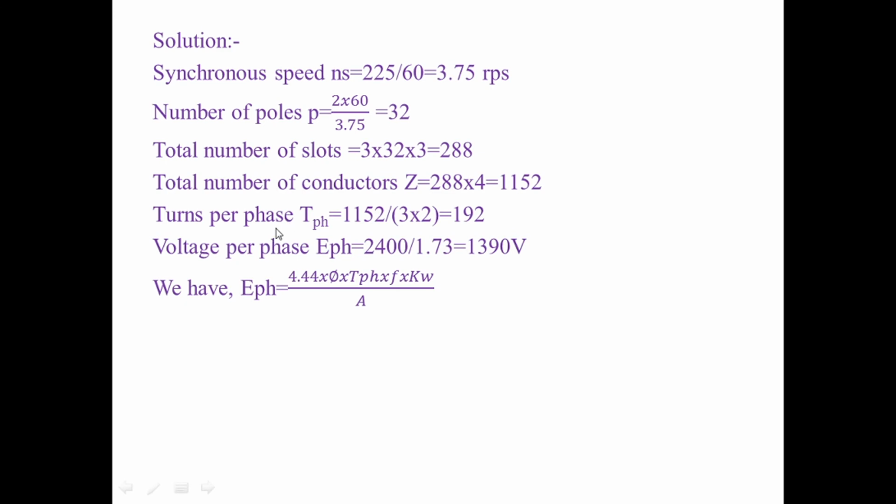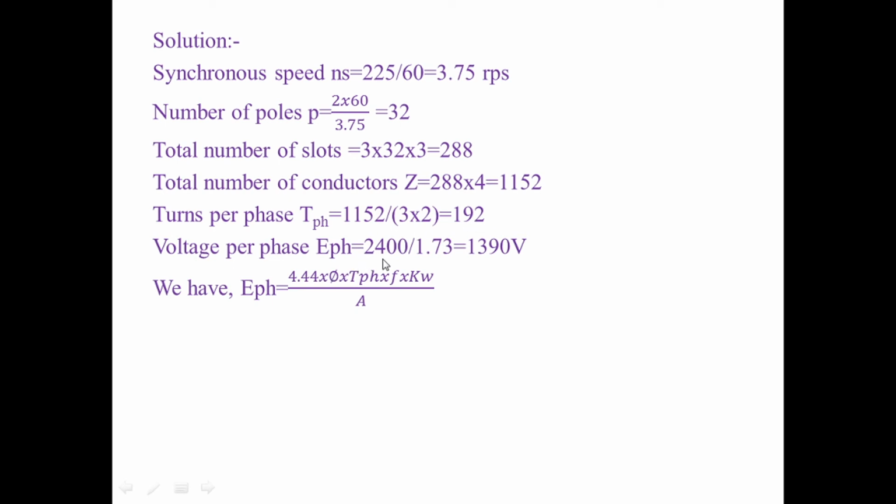Next calculate the turns per phase, T phase, which is equal to 1152 divided by 3 into 2, that is 6. 3 phases, and one turn means 2 conductors. So 1152 divided by 6, you will be getting 192, that is the total number of turns per phase.